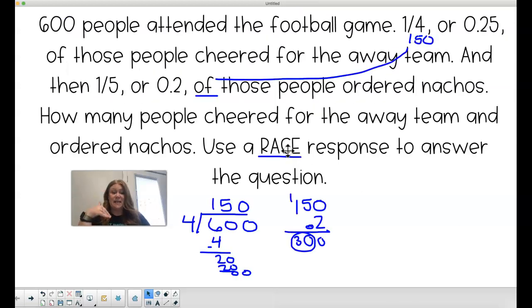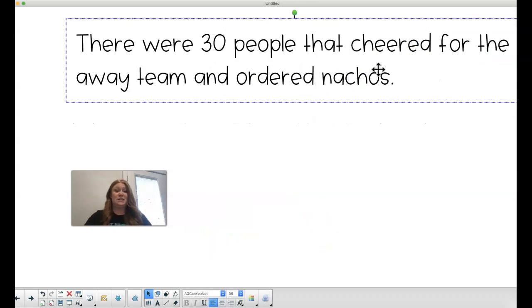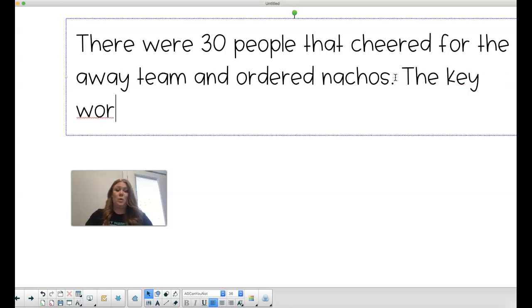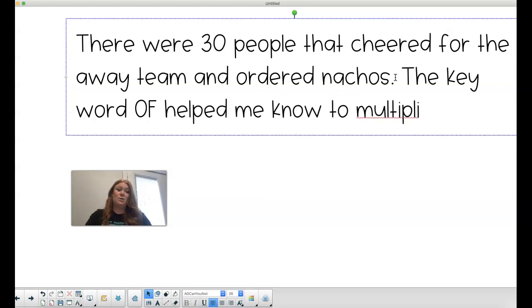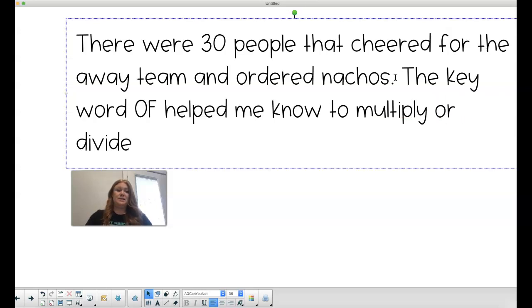So now C is going to stand for citing my evidence. So what words in here helped me know what I needed to do? The key word of helped me know to multiply or divide by the denominator, right?